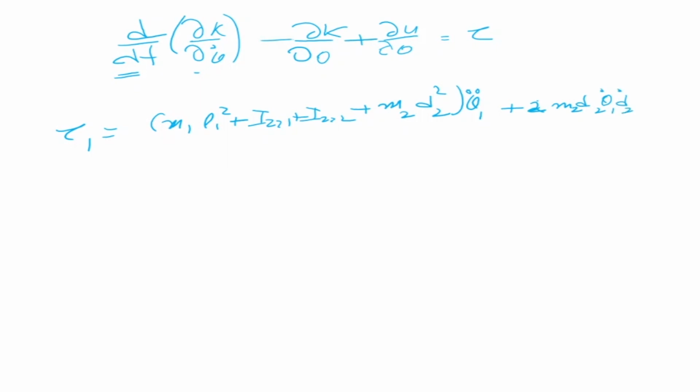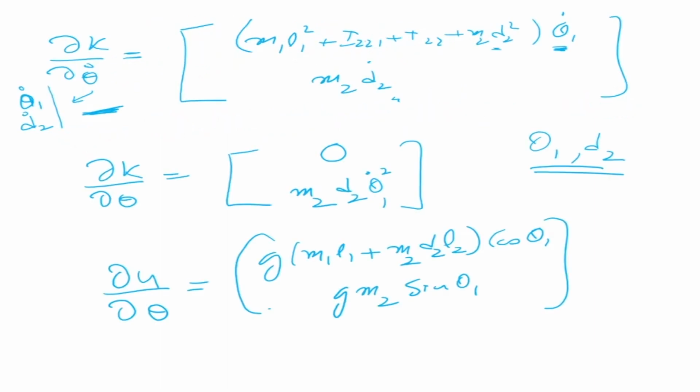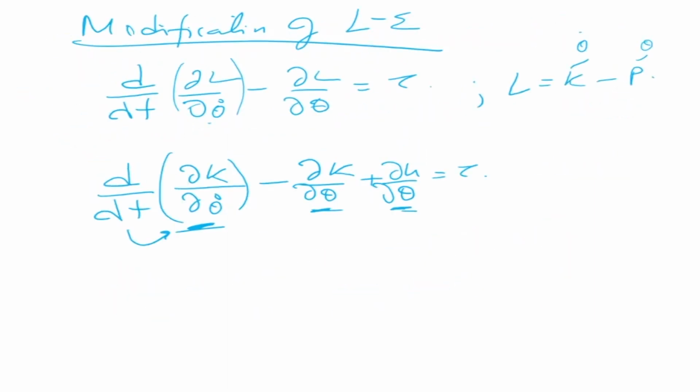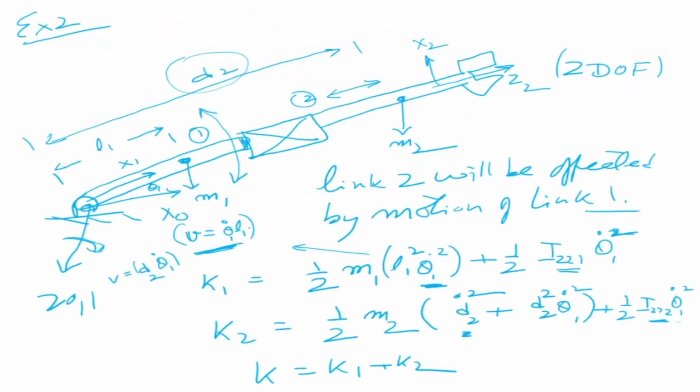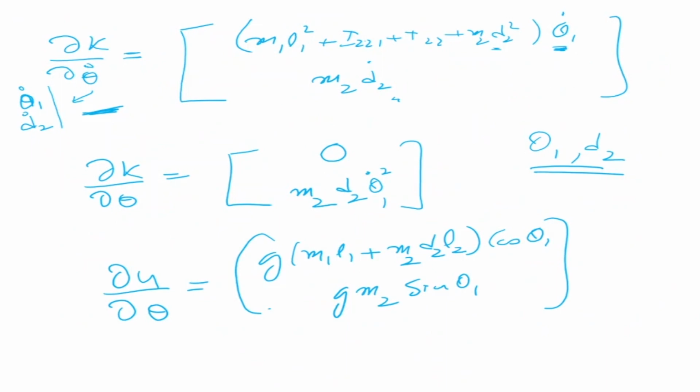Okay, I just explained that this equation has, sorry, I have jumped too much. So this one has two variables, theta 1 dot and d2.